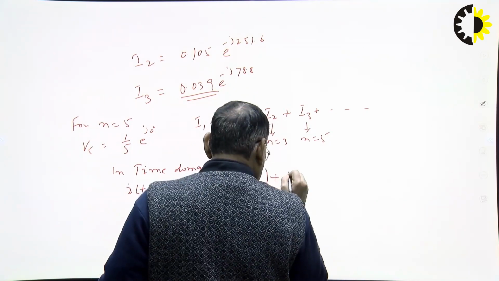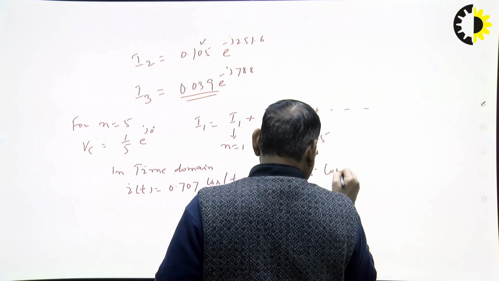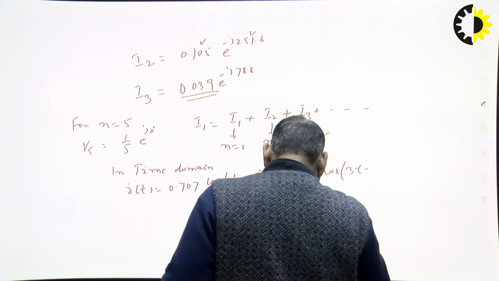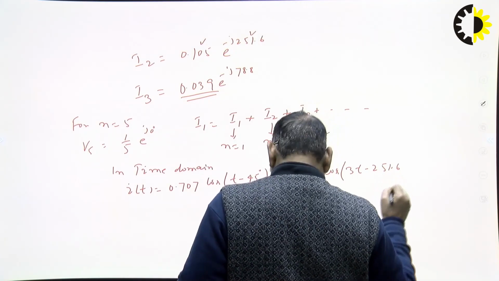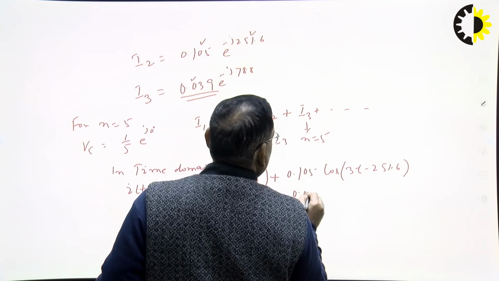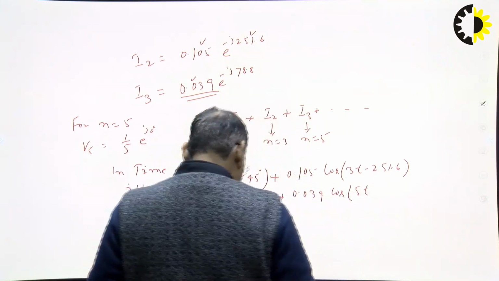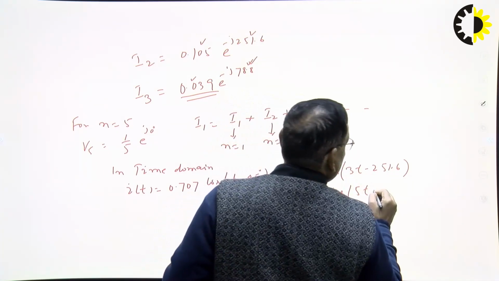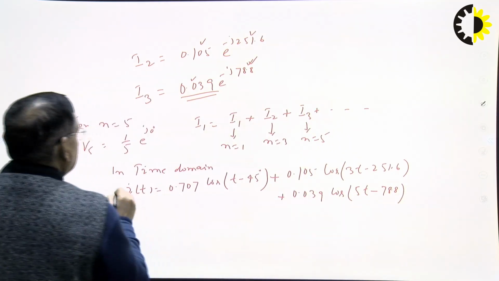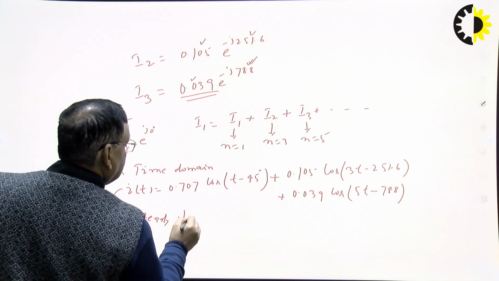Similarly, the second component is 1.05 cos(3t minus 251.6 degree), plus 0.039 cos(5t minus 78.8 degree). So this is the steady state response.